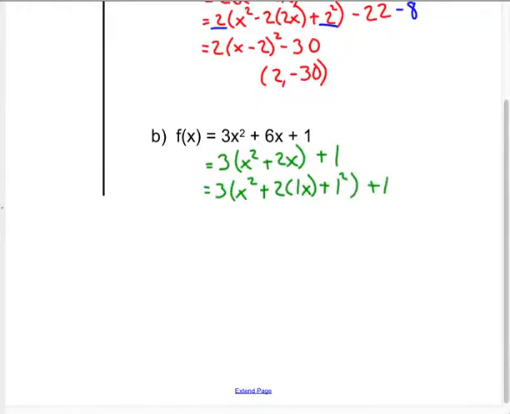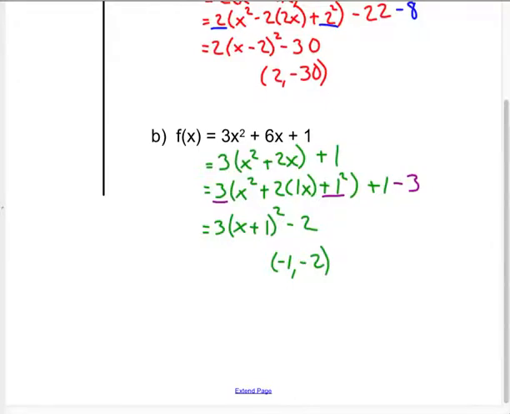And again, I have a plus 1 times 3, or plus 1 squared, so I really need to subtract 3 outside my parentheses instead of just the 1 squared. Factoring, I get (x plus 1) quantity squared. 1 minus 3 is negative 2. So my vertex is negative 1, negative 2.